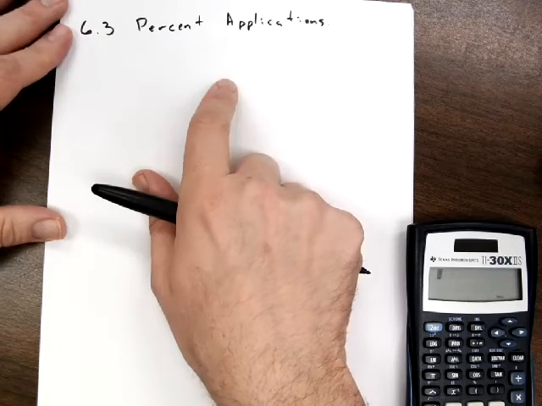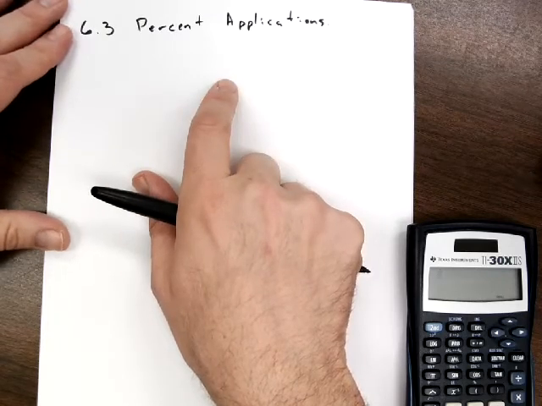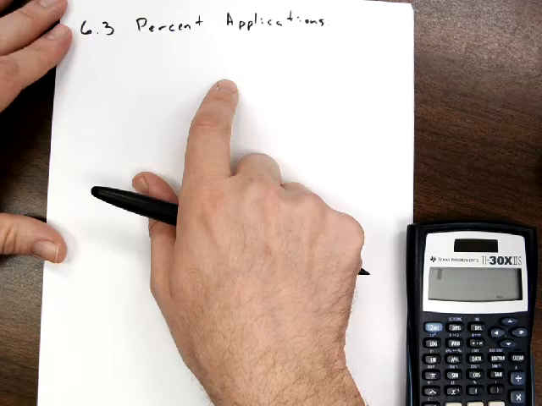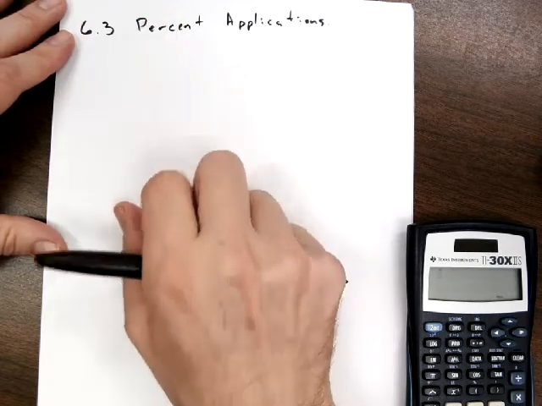The difficulty in doing math problems from your textbook is that you have to interpret things before you set them up.